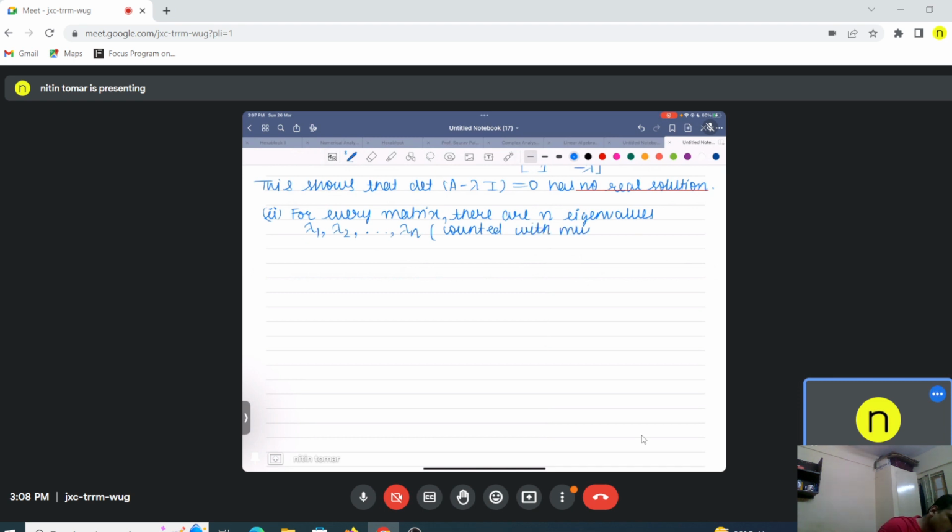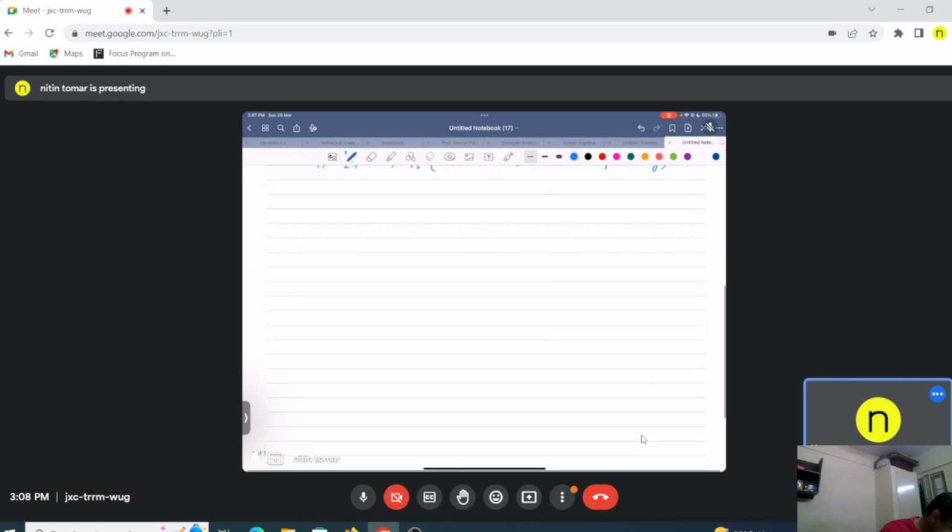What does it mean? It means that if an eigenvalue repeats, then we are counting it as many times as it is being repeated.